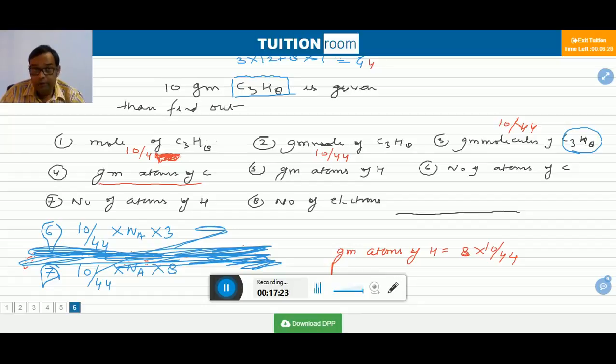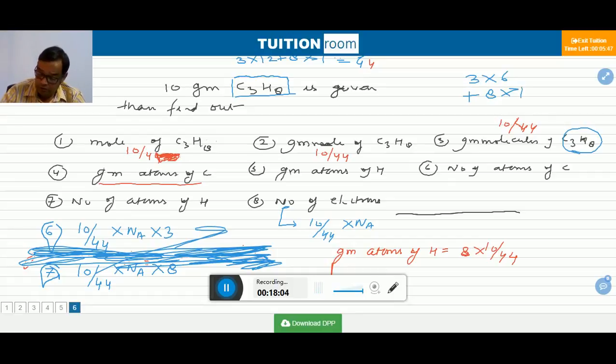Now calculate the number of electrons. To evaluate the electrons, you will write 10 by 44 into Avogadro number. This is the number of molecules. So in one molecule, how many electrons are there? So you can check here, 3 into carbon. 3 into carbon is how much? 6 plus 8 into 1.